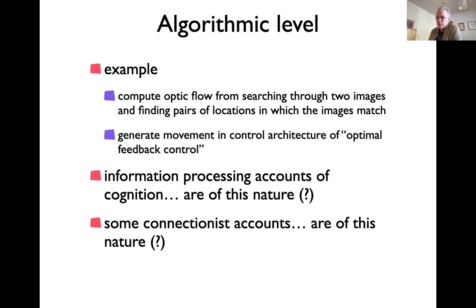It was often then considered a proof of concept that you can do that, even with a computer algorithm, even though that's not exactly what the nervous system does. I would say that sort of thought is very strong in information processing and concept of cognition that I'll come to in a moment, with the cognitive architectures perhaps as the most elaborate form of that. I would say that some connectionist accounts are also of that nature.